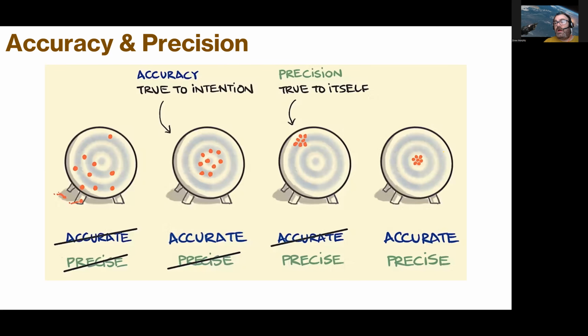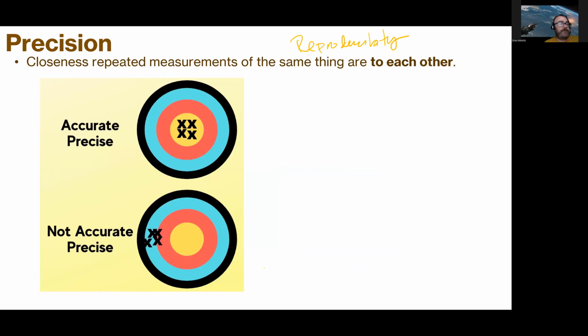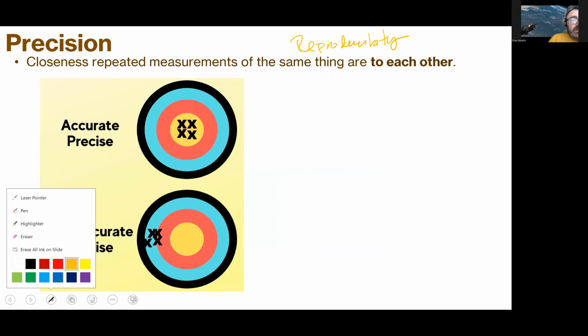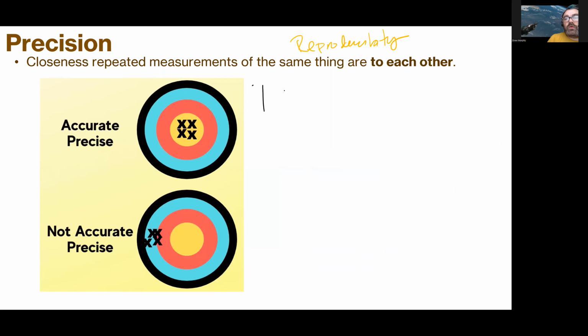Okay. I think this is my last slide, but I wanted to talk a little bit about random error versus systematic error. Let me go back to where I have room. Okay. So two main types of error are random versus systematic.